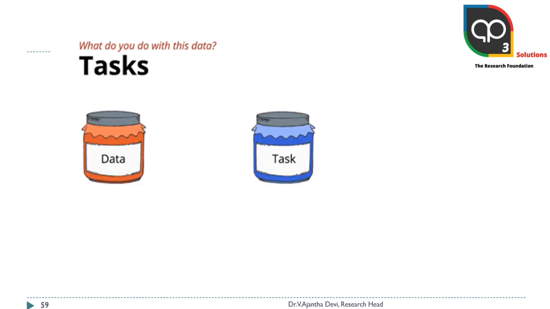So, dear friends, that brings you to the second element of machine learning, which is the task. You had the data, and once you have the data, you define these tasks.